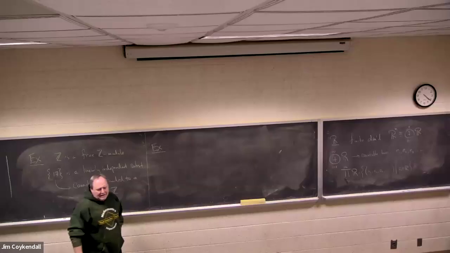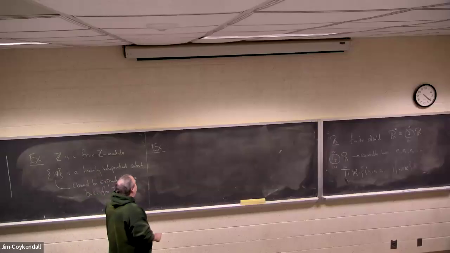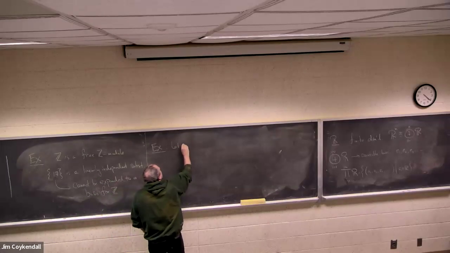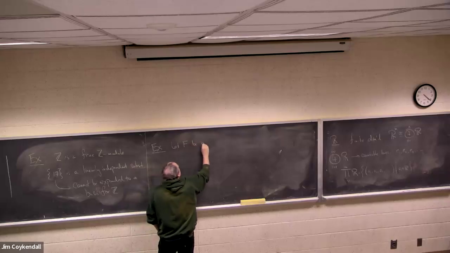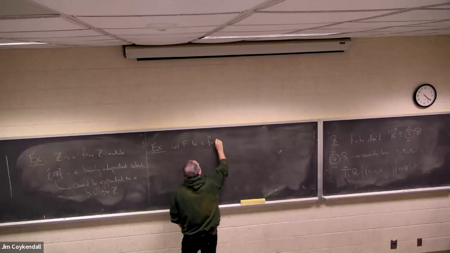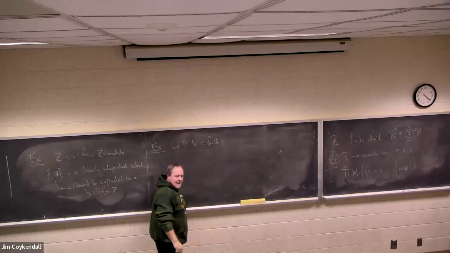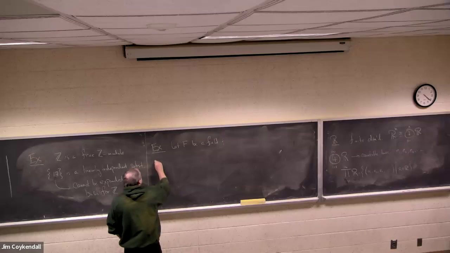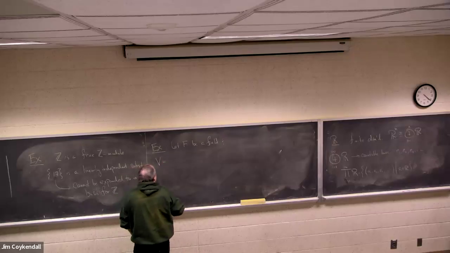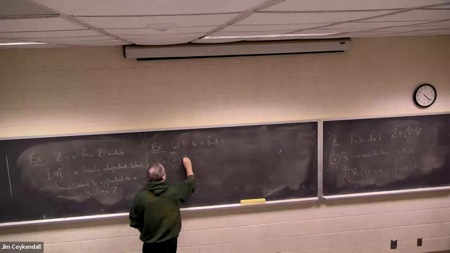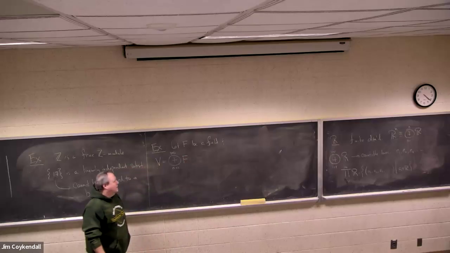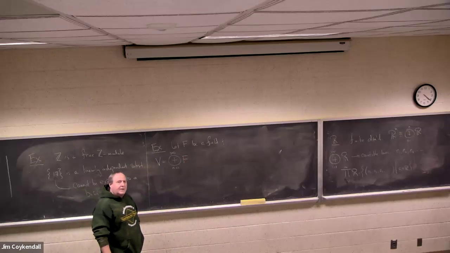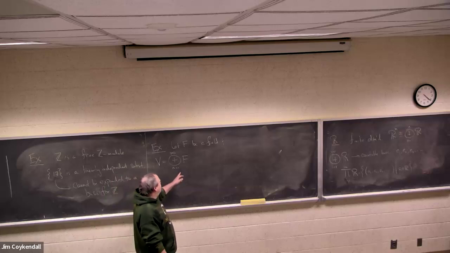Example. I want to consider, let F be a field. And I am going to let B be a vector space with a countable number of copies.